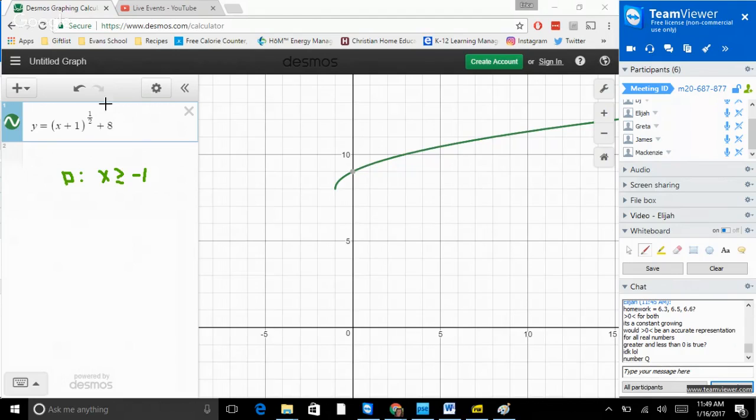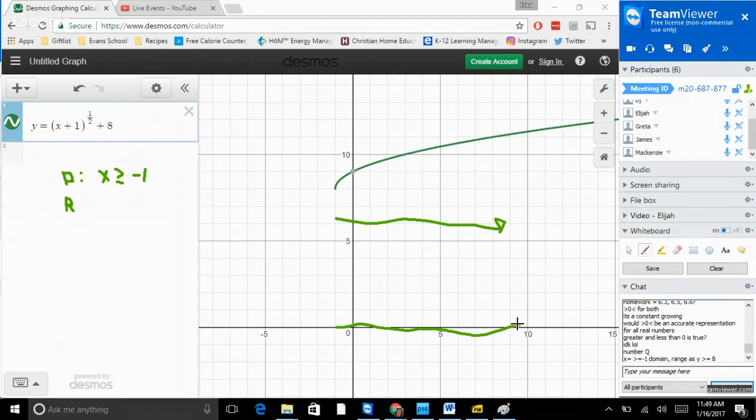So -5 is not going to work, because we're going to end up with the problem of negative square roots, right? What I mean by domain practically is it's all the numbers that go this way, on the x-axis. That's our domain.